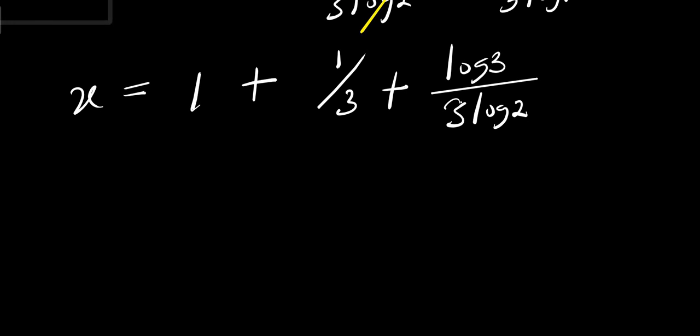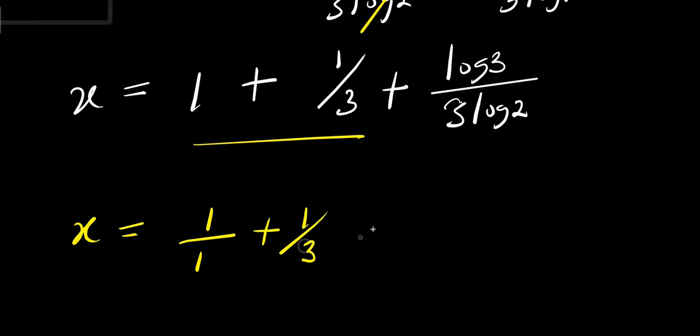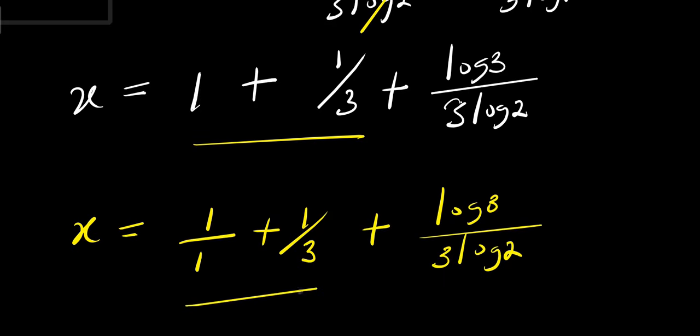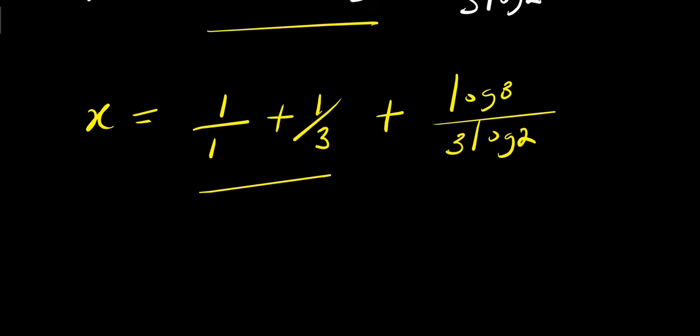So what we are going to do is add these together. x equals 1 over 1 plus 1 over 3 plus log 3 divided by 3 log 2. So we find the LCM here. This is 3. 3 divides 1, 3 times 1, we have 3.